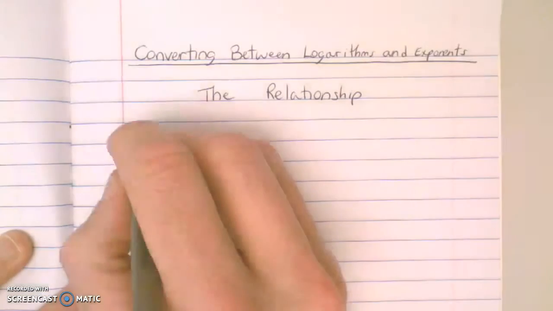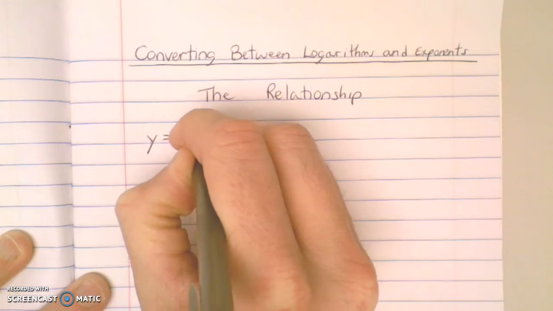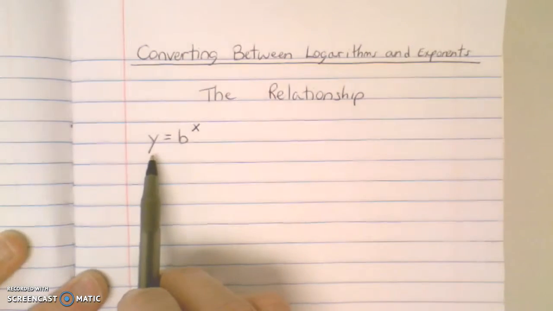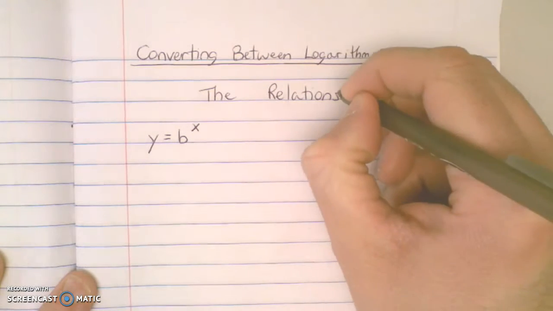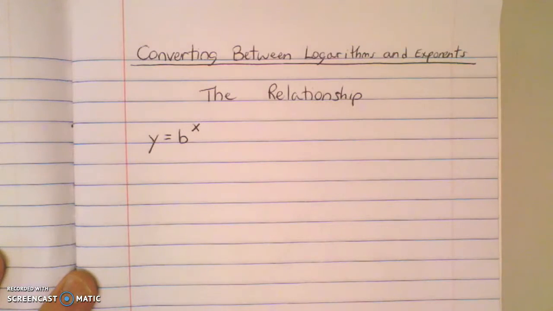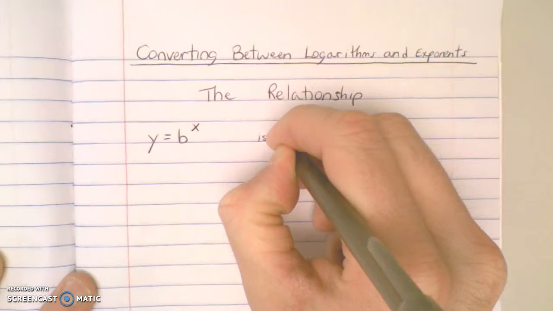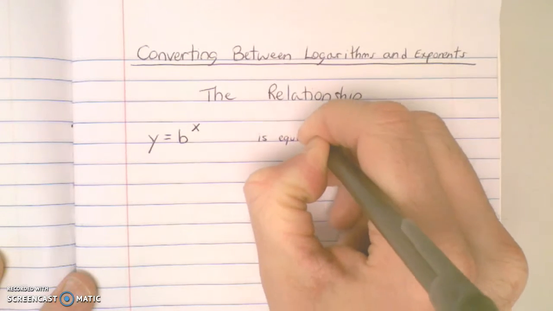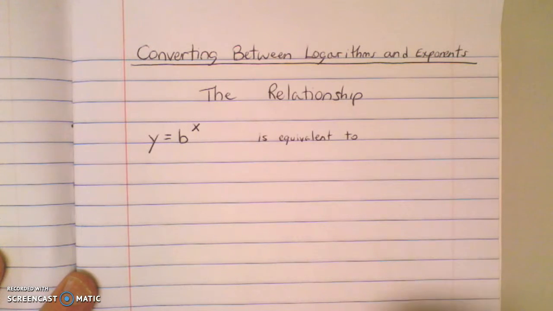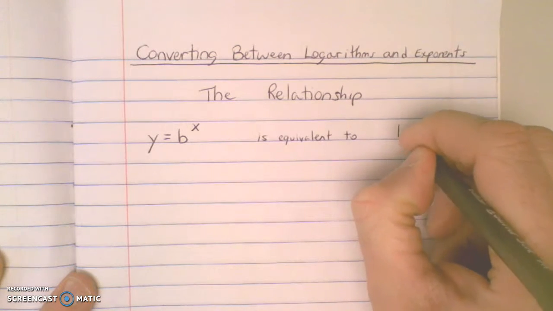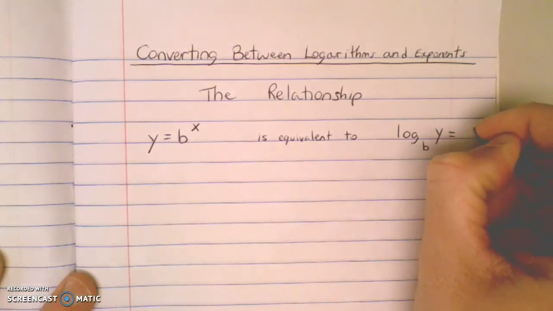So if you have something written in exponential form, so let's say I gave you the equation y equals b to the x. That is equivalent to log base b of y equals x.